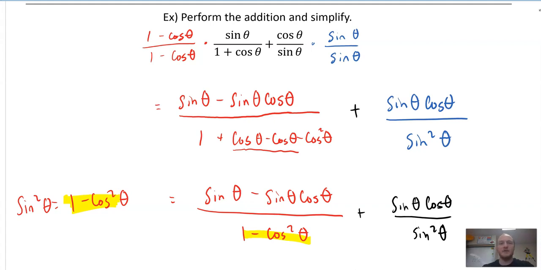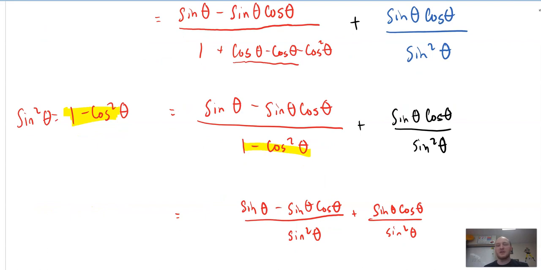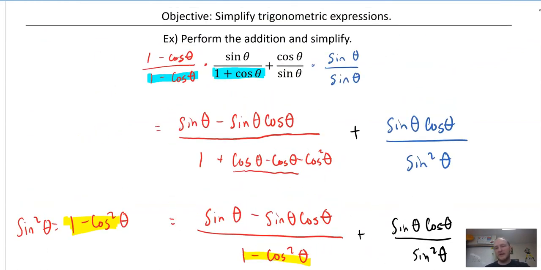But here's a hint: anytime you see a 1 plus cosine theta and you need to change the denominator, always think conjugate. And we've done this before. The conjugate is the same two terms, just the opposite sign in between the two terms. So this can create a different type of denominator, and it did. It gave us a Pythagorean identity, which led us to add those.